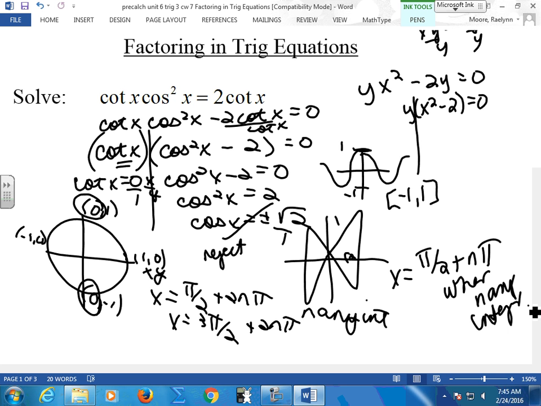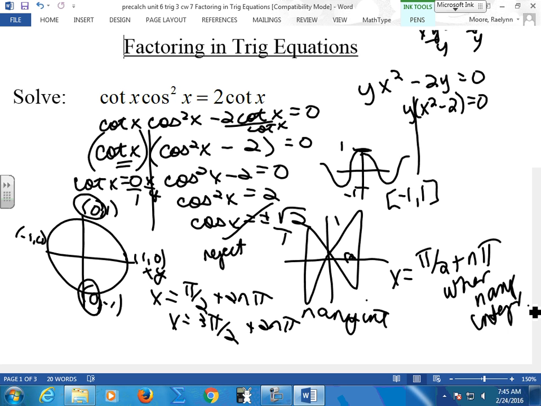Now, how can I check this? This is an equation. Plug them in. Use pi over 2, 3 pi over 2, 5 pi over 2. This is my 1 pi over 2, 2 pi over 2, 3 pi over 2, 4 pi over 2, 5 pi, 6 pi, 7 pi over 2. I can try any of those, any of my odd ones, right?